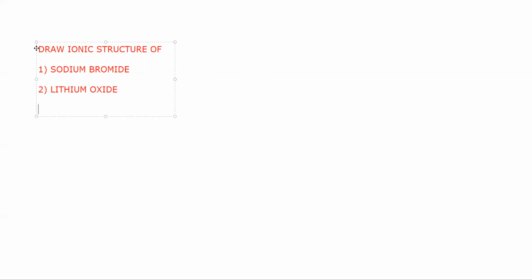So draw the ionic structure for sodium bromide, sodium or lithium oxide, calcium or potassium nitride. Nitride means nitrogen.